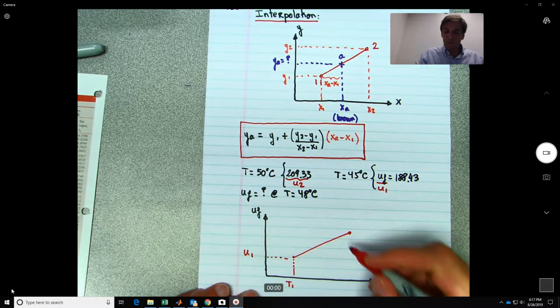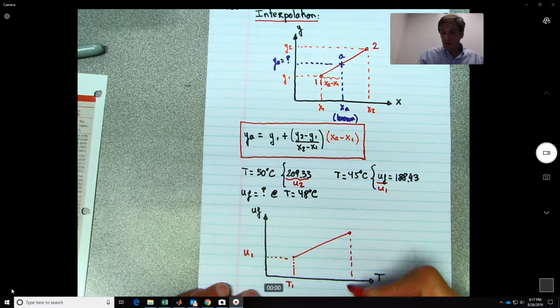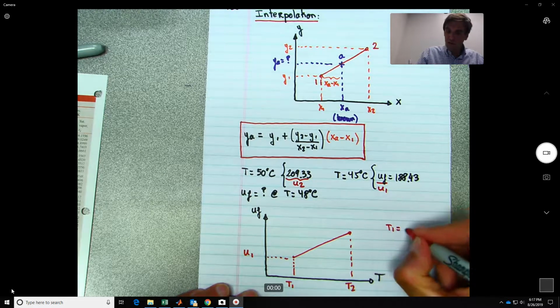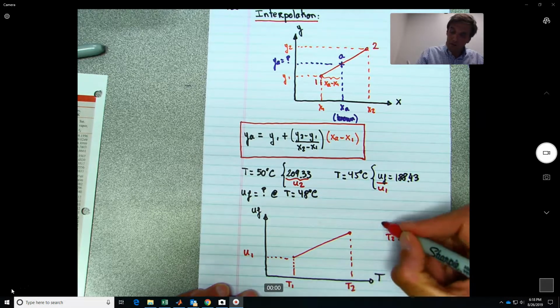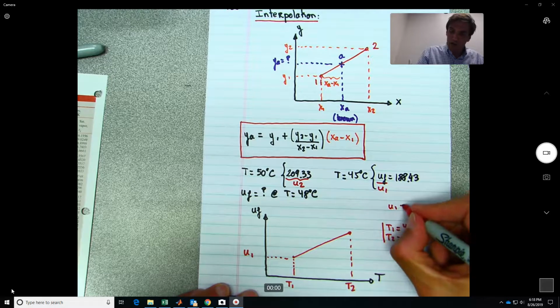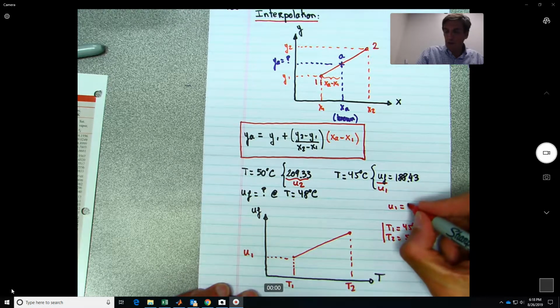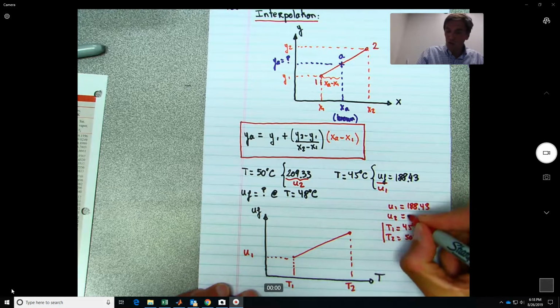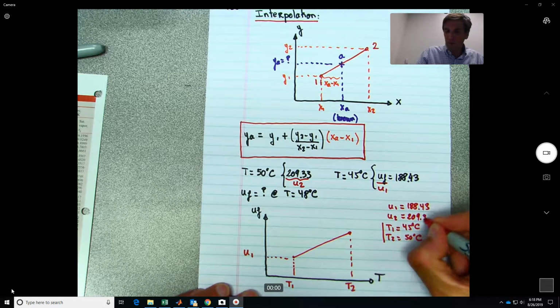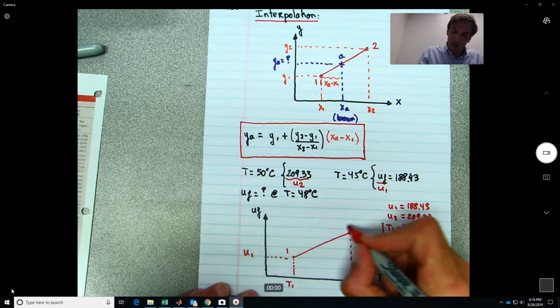Let's say this will be u1, this will be u2, and then at T2, which is 50, okay, we have this, and we have u1 equal to 188.43, u2 equal to 209.33.